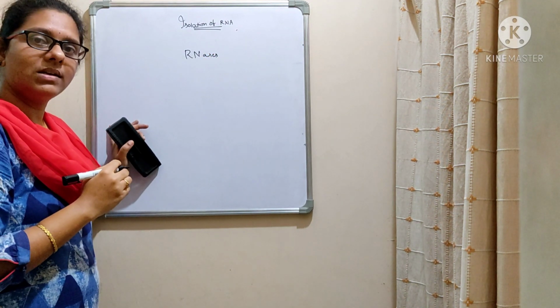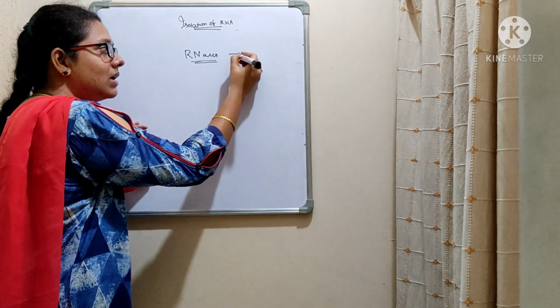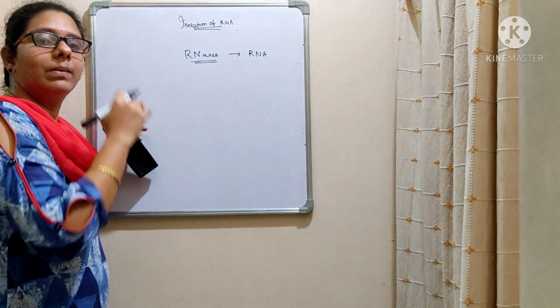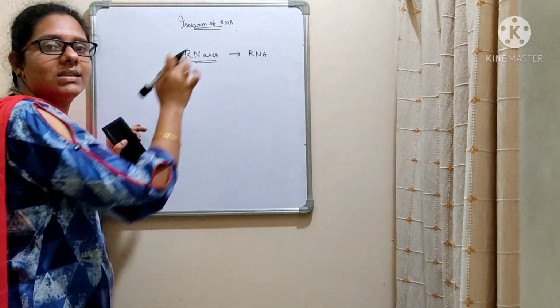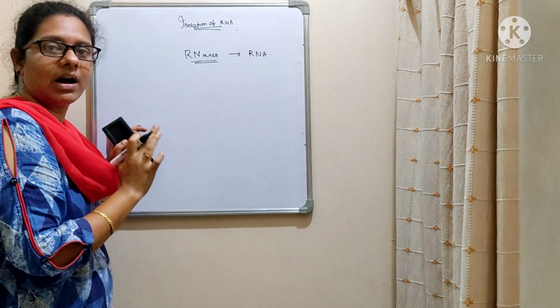What do these RNases do? These are nucleases that especially act on RNA and degrade it. But here our intention is to isolate the RNA, so make sure the solution is free from RNases.